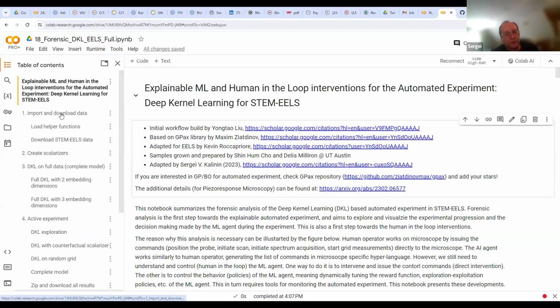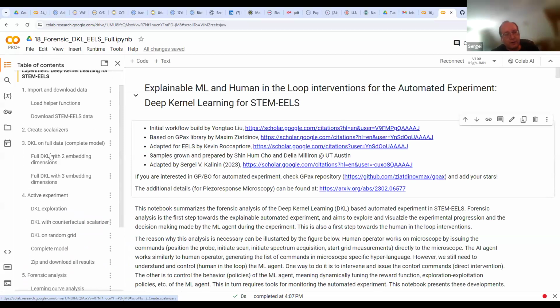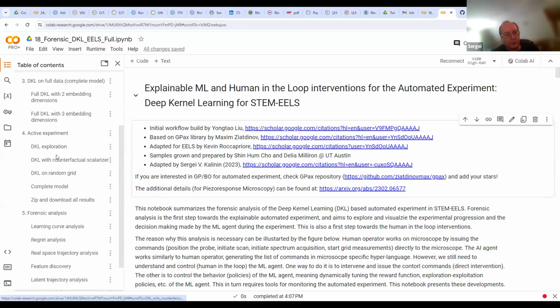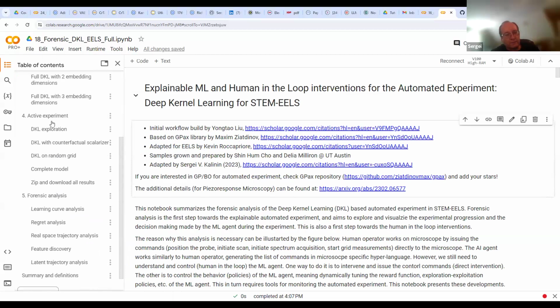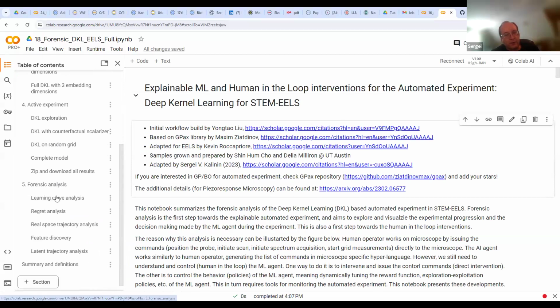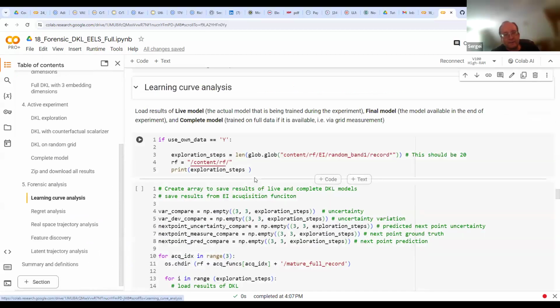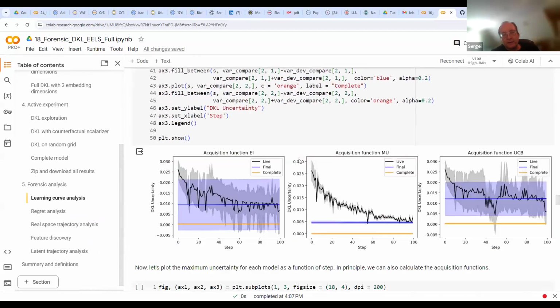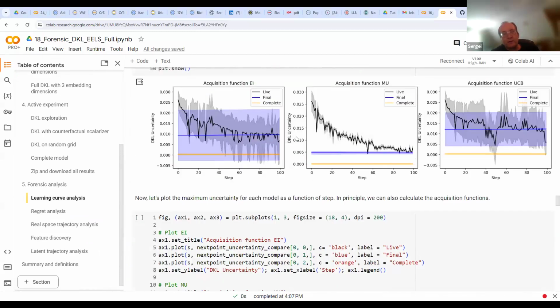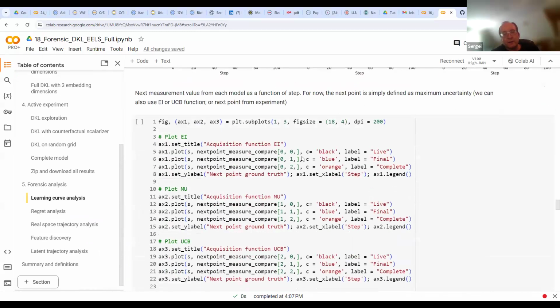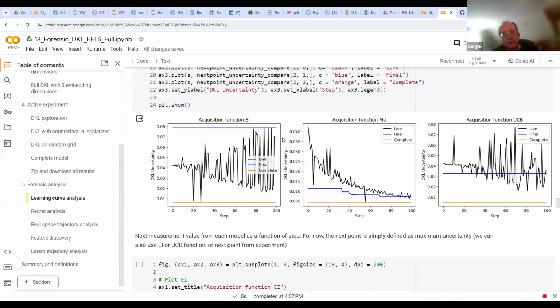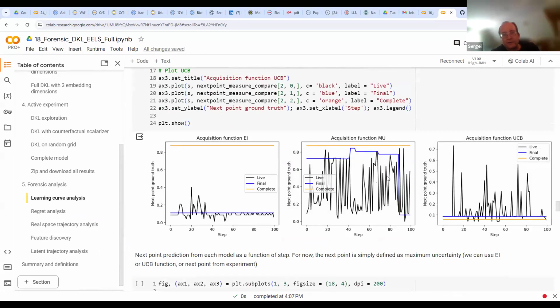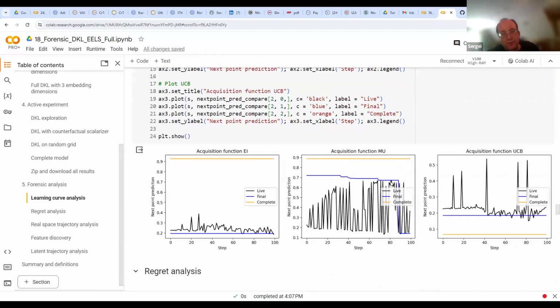It describes how you import the data, how you create the scalarizer, how you train the model, how you run the active experiment, how you create the forensic analysis, and basically guides you through how the DKL learning curves look like for different scenarios, how the acquisition functions look like, how the discovery looks like, and so on and so forth.